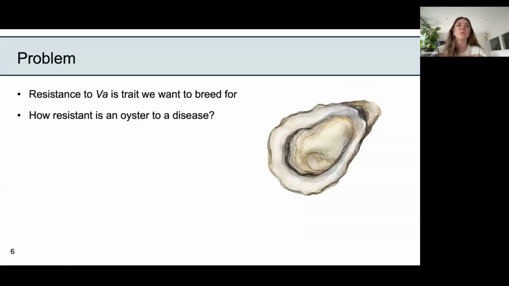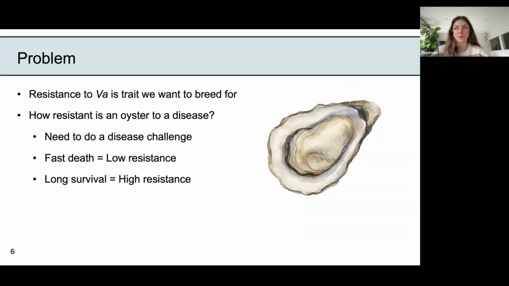The problem with breeding for disease resistance is, how do we actually know how resistant an oyster is to a disease? We need to do a disease challenge. Essentially, you give the oyster the pathogen and you see how long it takes for them to die. When they have a very fast death, they have a low resistance. When they have longer survival, they have a higher resistance, and that becomes your phenotype or your trait.